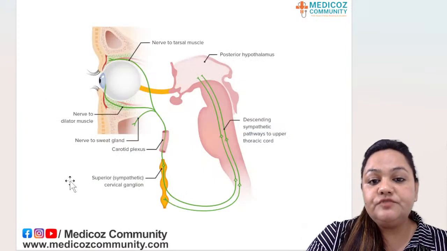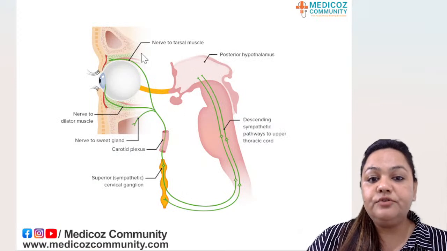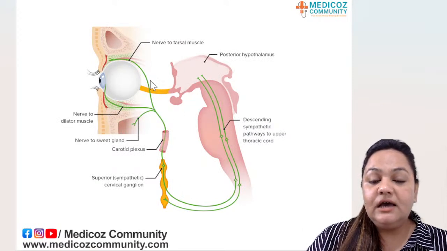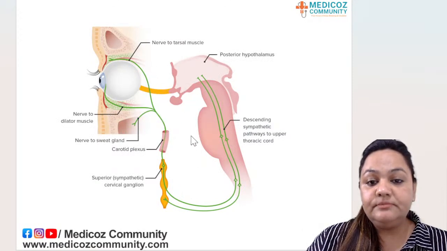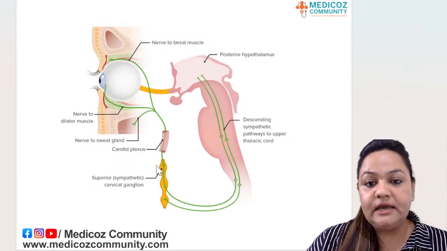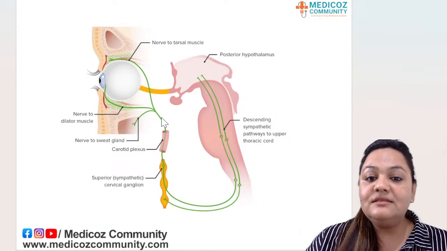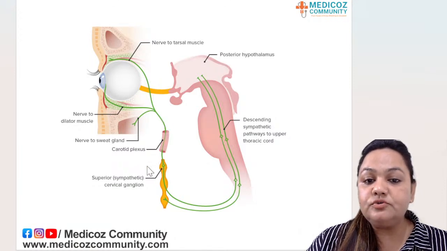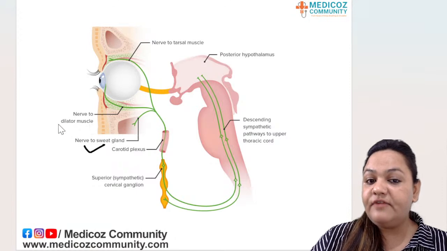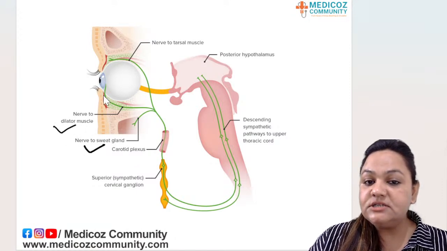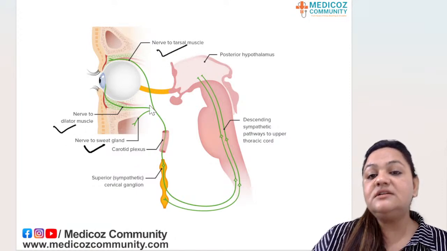This image shows the sympathetic nerve supply to the face. If there is any kind of injury to or hampering of this sympathetic nerve supply to the face, and the sympathetic nerve supply passes through the superior cervical ganglion, and then it gives branches to the sweat glands of our face, the dilator muscles of the pupil and the tarsal muscles.